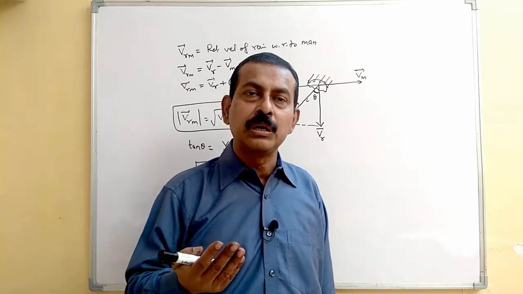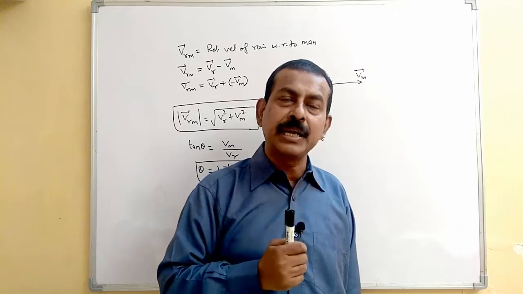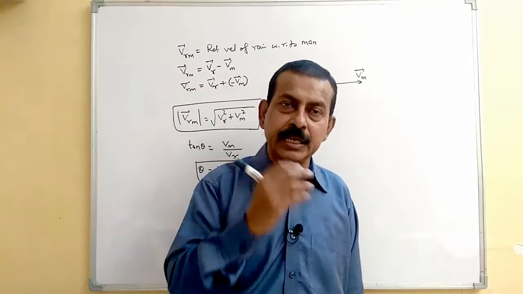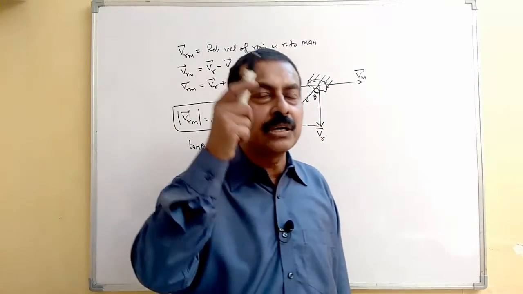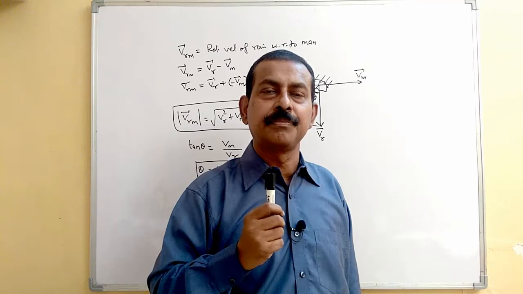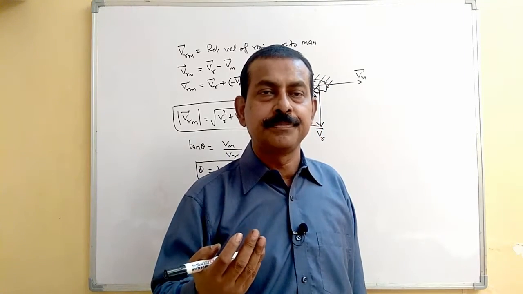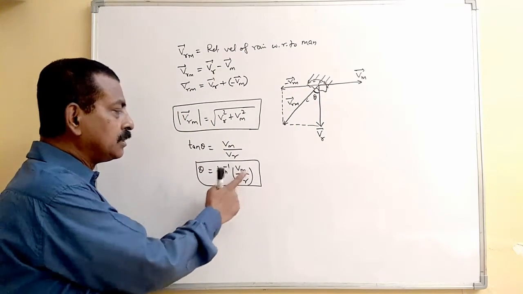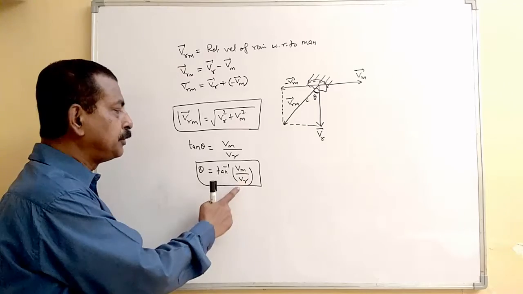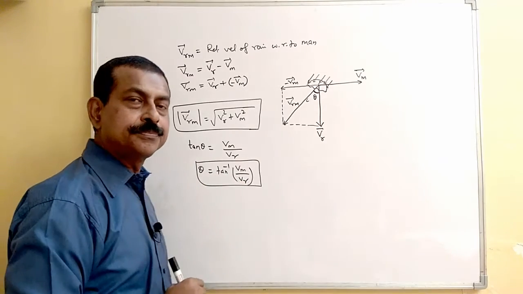Why is it so? Because it is a similar case to the rain we are taking. In case of rain, if it is falling vertically and we start running, we need to tilt the umbrella at some angle. But in case of sun rays, we never need to tilt it. The reason is, you can see here, this was basically Vm by Vr, and the tan inverse of that quantity is theta.